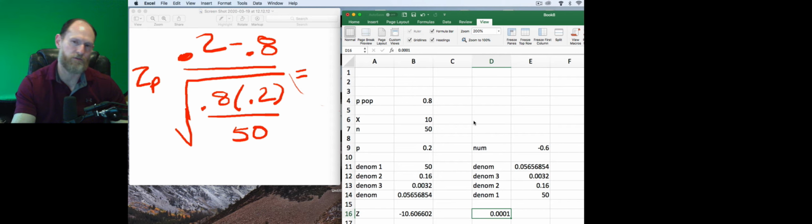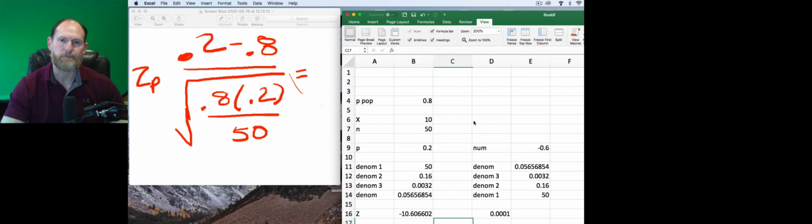So anything farther to the left is less than 0.0001 in terms of probability. So negative 10.60 is going to be way out there to the left. And we also know that if this n becomes greater, we're going to get farther out to the left.